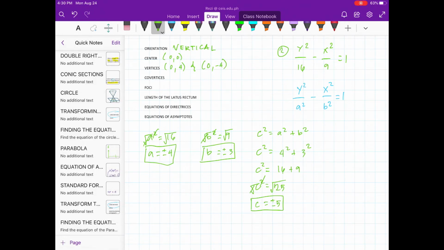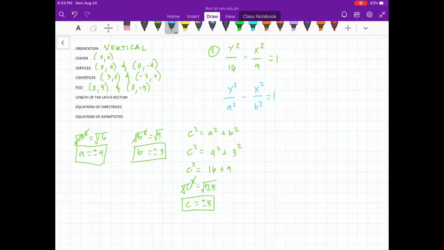Our b is on the x-axis, so therefore our co-vertices are (3, 0) and (-3, 0). If the orientation is vertical, our foci are on the y-axis. So our foci are (0, 5) and (0, -5).